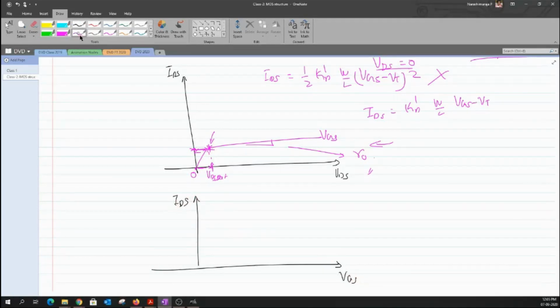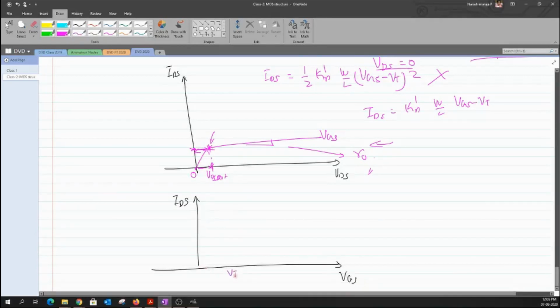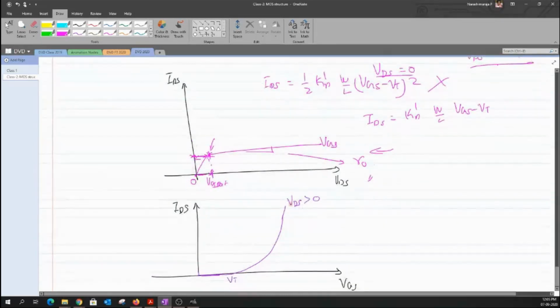So till the value of VGS equal to VT, the current would be assumed to be equal to 0, and after then you would have some sort of quadratic relation. Again, in this case, we are assuming some VDS value that is greater than 0. Under these conditions, we will have some current flowing through this device.